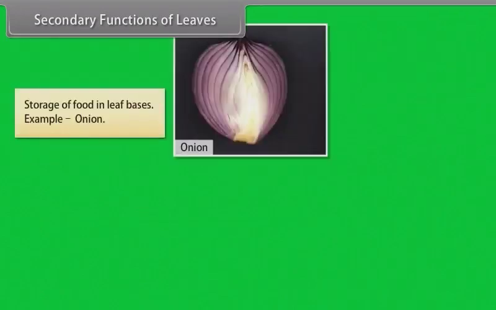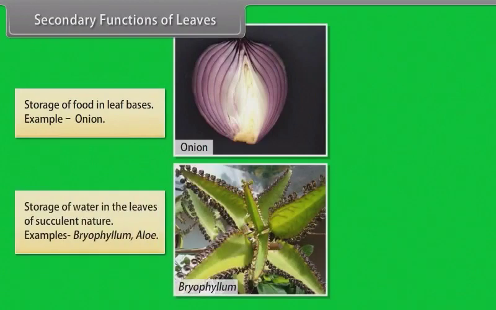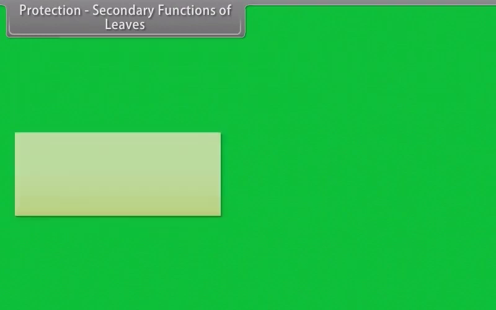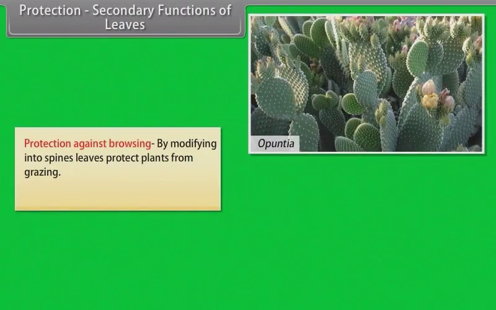Secondary functions of leaves. The storage of food in leaf bases. Example: onion. The storage of water in the leaves of succulent nature. Example: Bryophyllum, Aloe. Protection. Protection against browsing.